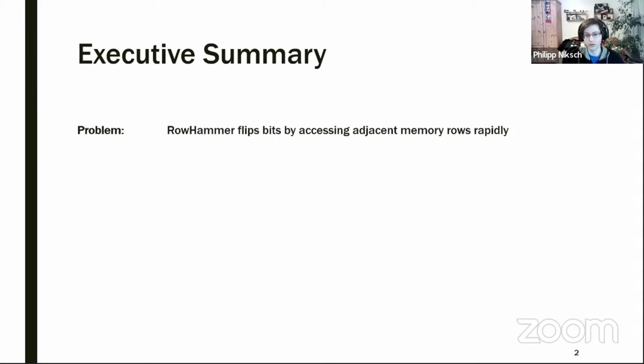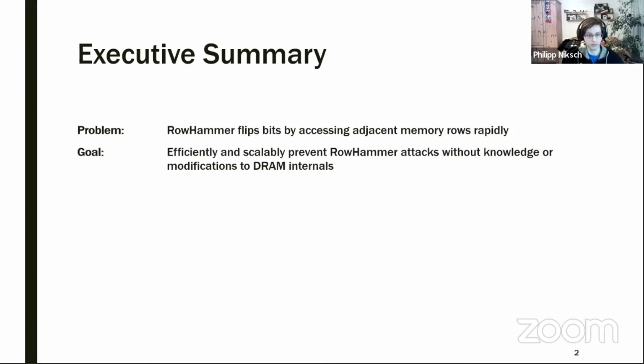This is a hardware vulnerability caused by accessing the same memory rows with a high frequency. This can lead to bit flips in adjacent memory rows. The paper defines its main goals to efficiently and scalably prevent RowHammer attacks without knowledge or modification to DRAM internals.